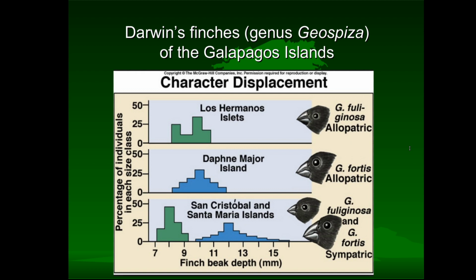There are several islands, and each of several finch species occurs on one or more of the islands. So here's a very nice natural experiment where you can statistically compare the birds' competitive traits in sympatry and in allopatry. Sympatry is when two species are living on the same island, and allopatry is where the same two species are living separately on different islands.